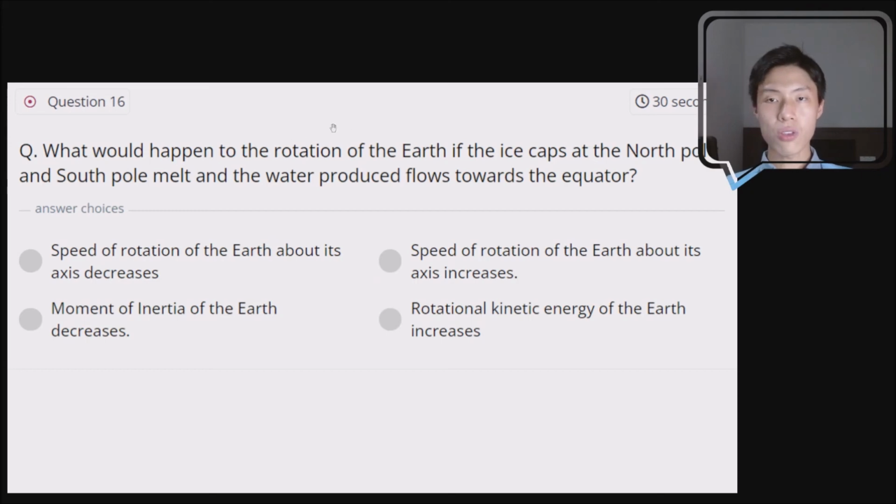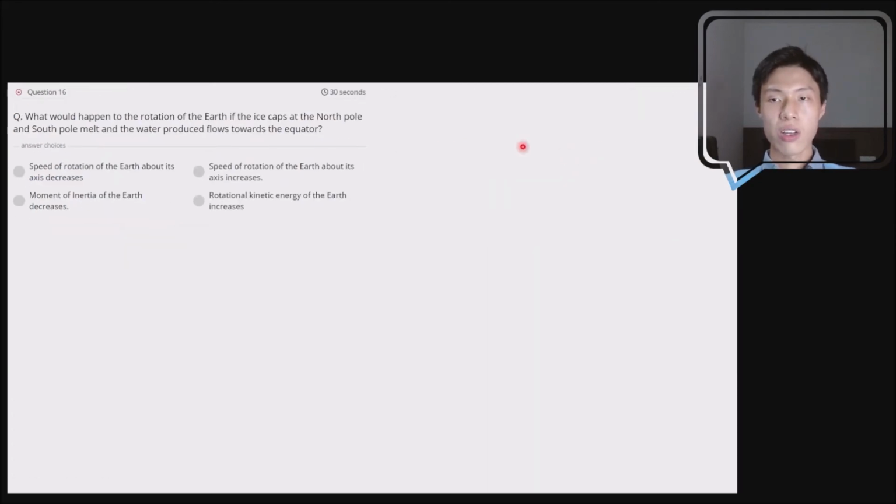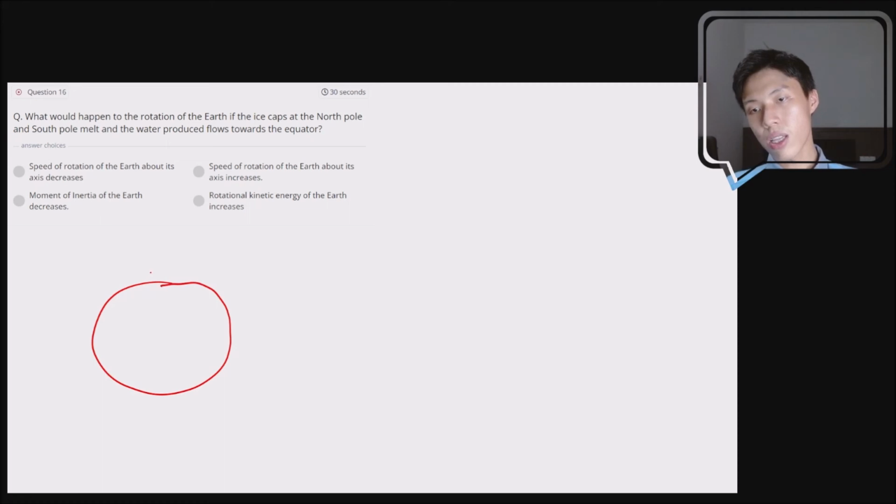What would happen to the rotation of the Earth if the ice caps at the North Pole and the South Pole melt and the water produced flows toward the equator? Okay, so if I like to draw it out, let's say this is your Earth.